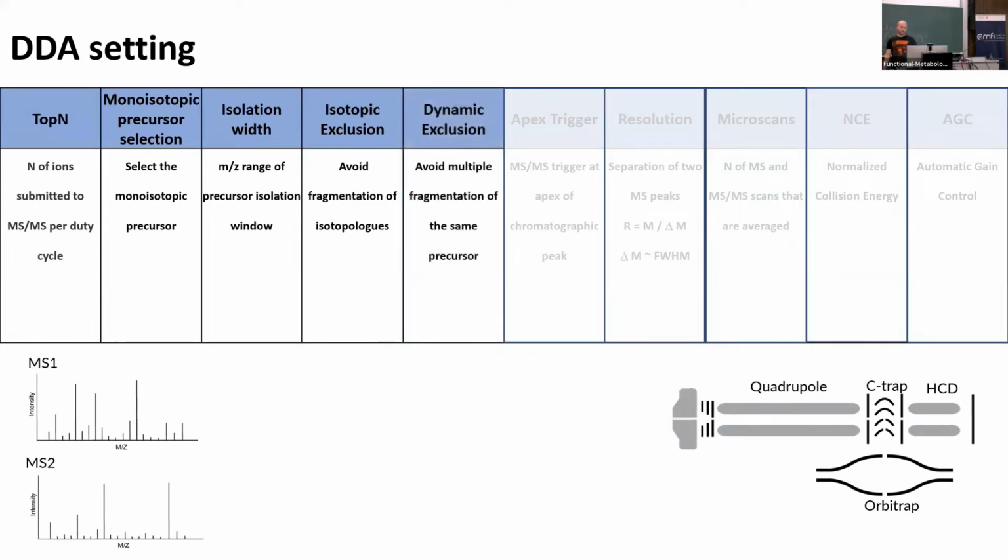Okay, then again, very important: dynamic exclusion. This you can turn on or off, right? So it basically avoids MSMS being triggered over and over from the same molecule. Now if you have a big peak like this one, and you have very short duty cycle times, so that you would get multiple duty cycles over that peak, then obviously you would get multiple MSMS triggered in each of those duty cycles, which may not be needed, right?